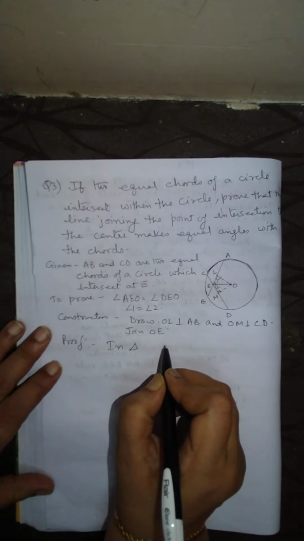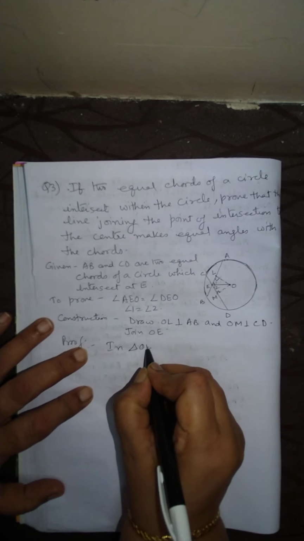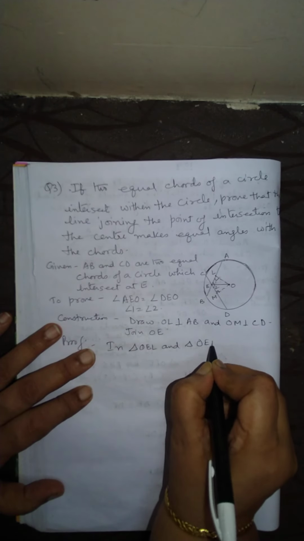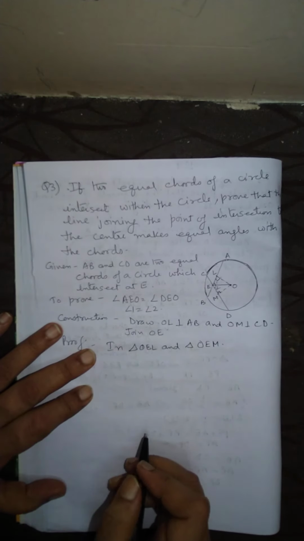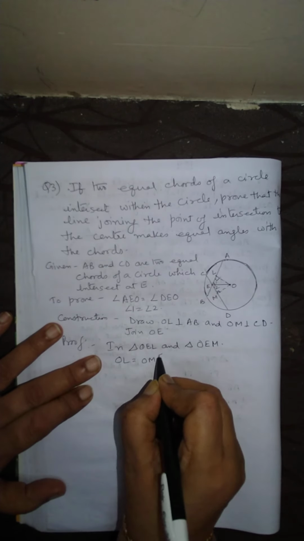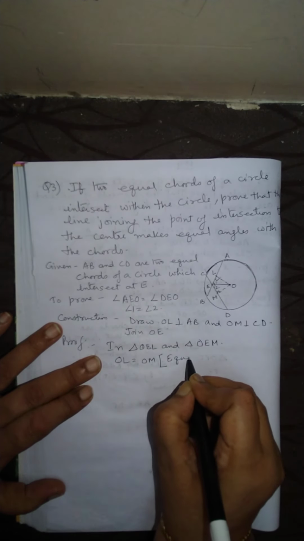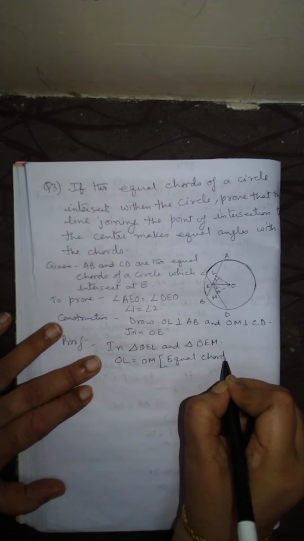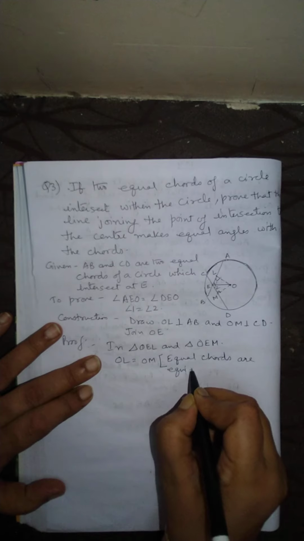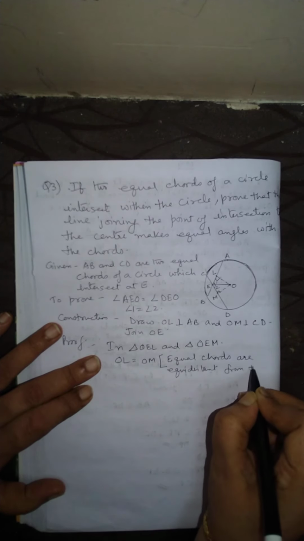In triangle OEL and triangle OEM, OL equals OM, that is again equal chords are equidistant from the center.